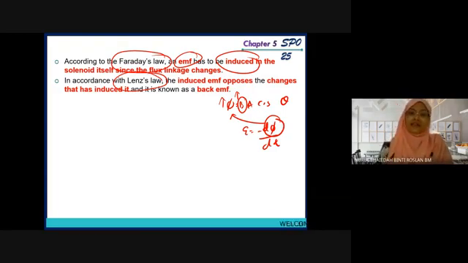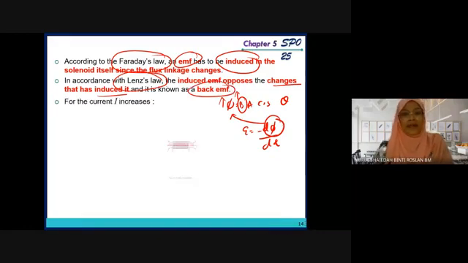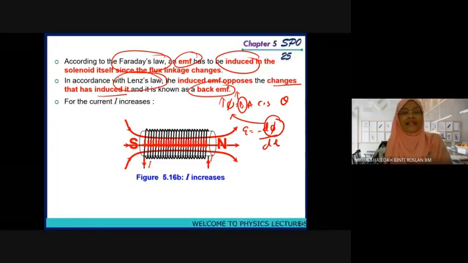So what Lenz law akan buat? Lenz law kata induced EMF atau induced current opposes the change that induces it, known as back EMF. So akan terhasillah back EMF. So this back EMF, apa dia buat? Dia akan oppose the change. Okay.